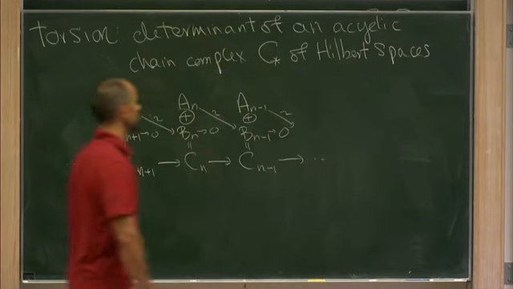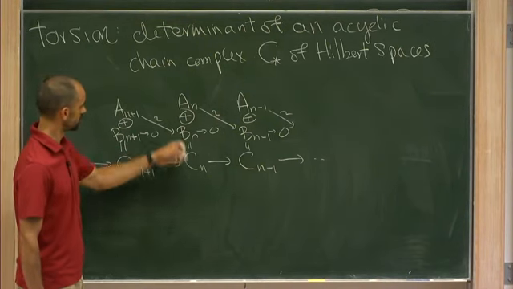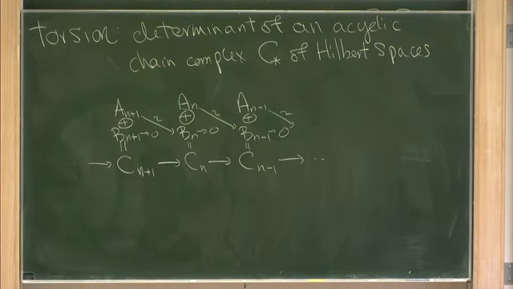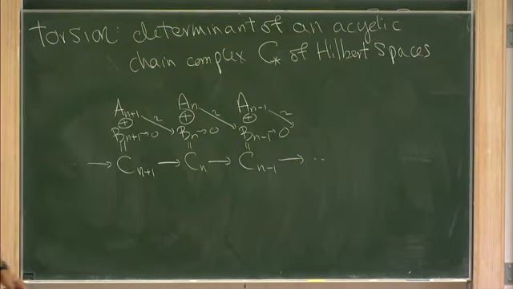Right, all of the cycles are boundaries. So I have these isomorphisms from A_{n+1} to B_n and so forth.